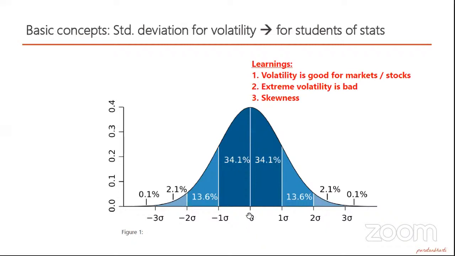So the zero that you're seeing here on the screen is the mean, and this is the standard deviation. If the average price of the potatoes is 25, and the potato prices fluctuate between 10 rupees and 50 rupees, that is the range it covers. And if the potato prices are too volatile, then you would not buy it.